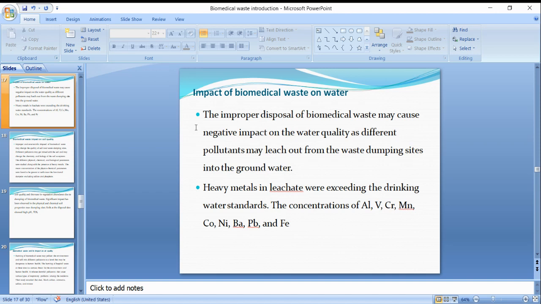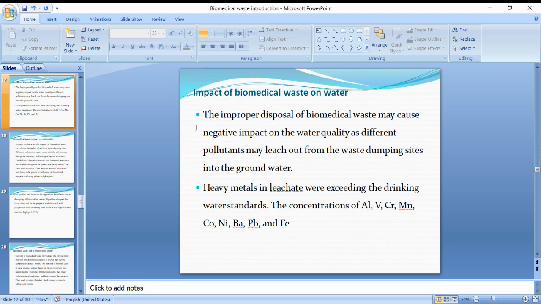So it exceeds the drinking water standard. If there is any groundwater or surface water nearby, and this leachate mixes with it, it will not maintain the drinking water standards. The pH value is not maintained.